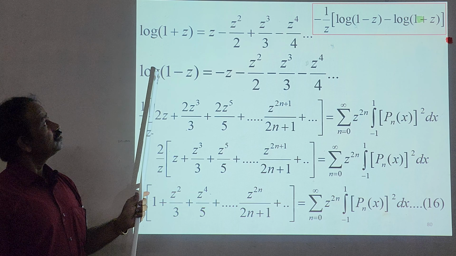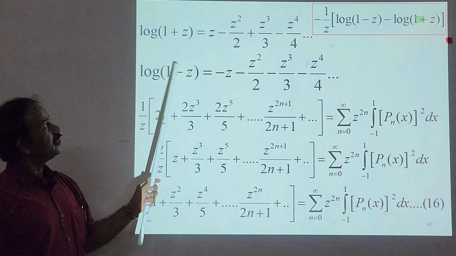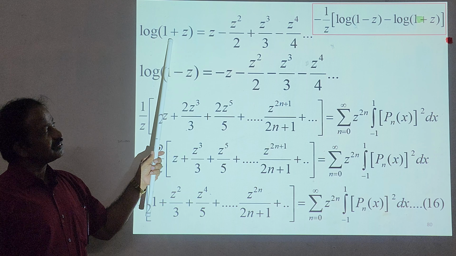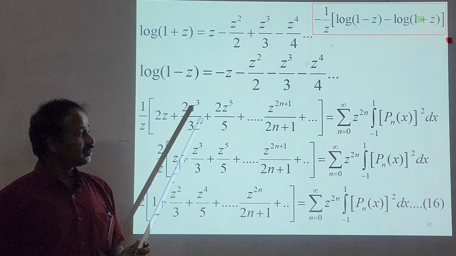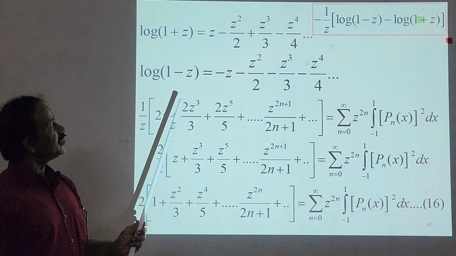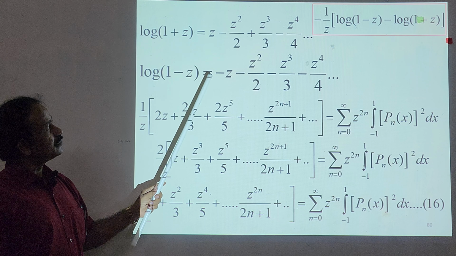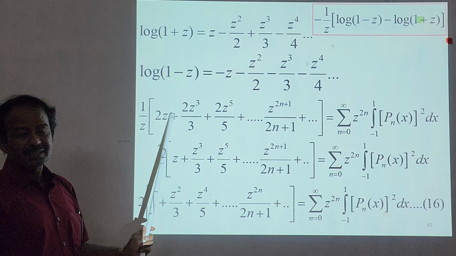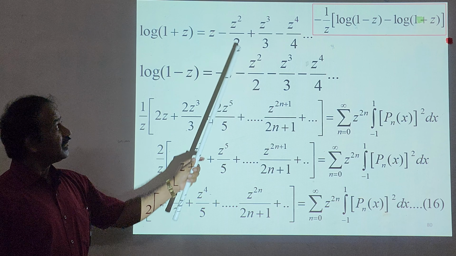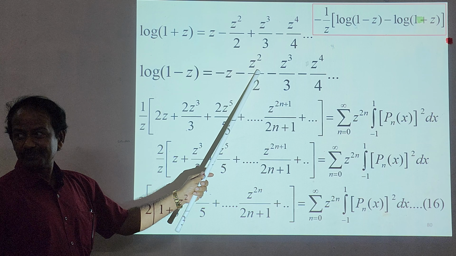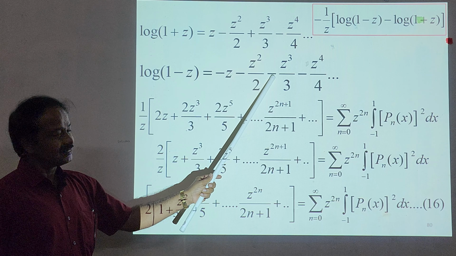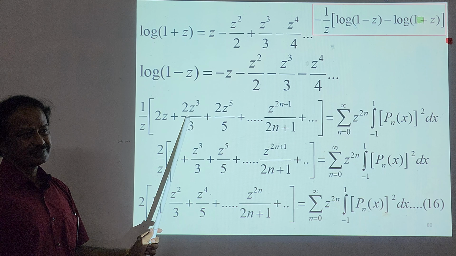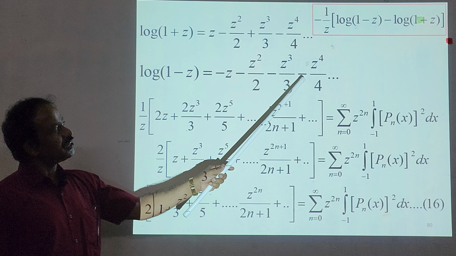So you have to see here we have log(1 minus z), here we have log(1 plus z). So you have to subtract. When you subtract, this becomes plus. So z plus z is 2z. This becomes plus, and this will get cancelled. And this will become plus, and this will become plus.